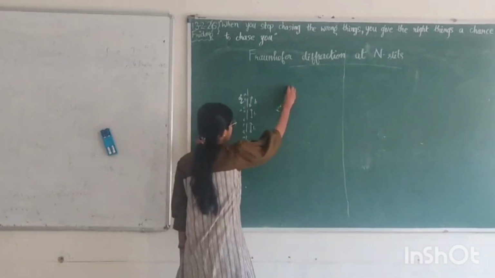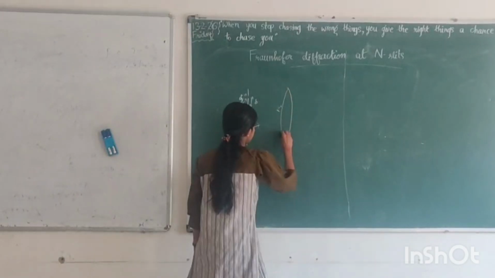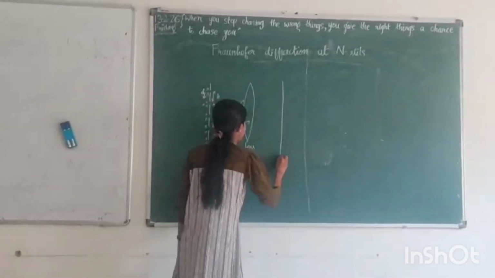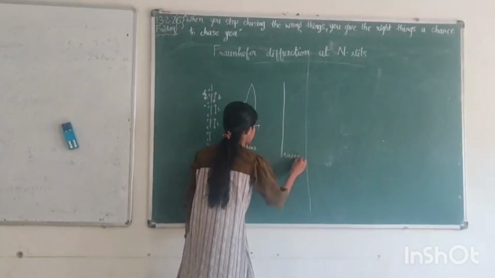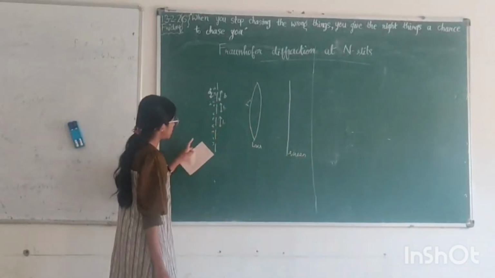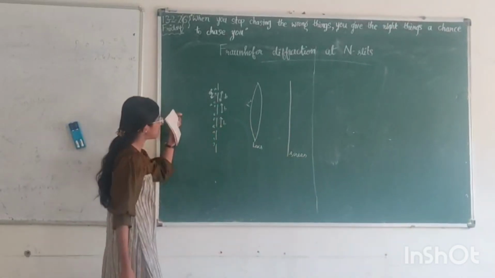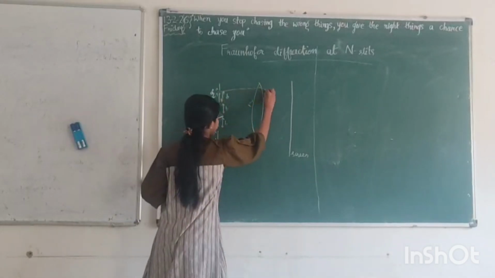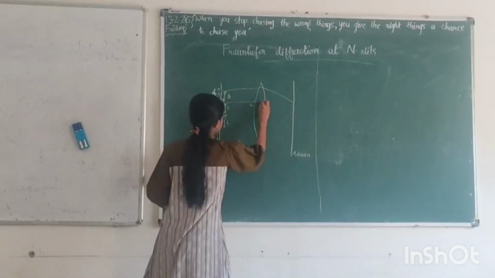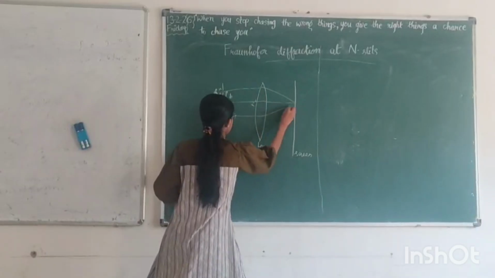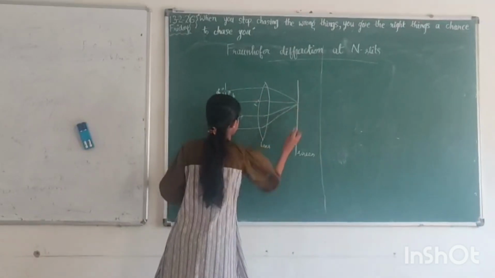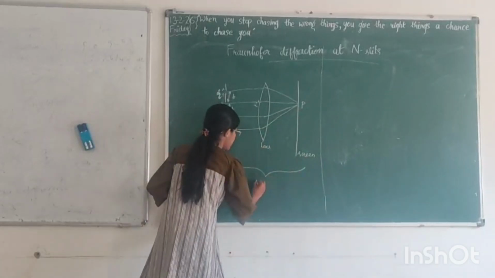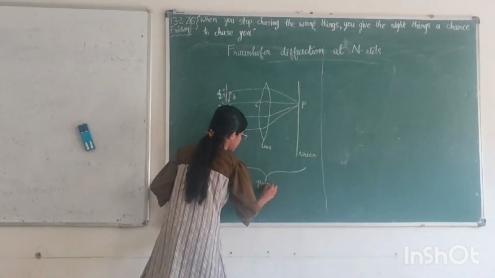Now, this is the lens and this is the screen. Rays of light will be coming through this and converging at a point, say P. Such an arrangement is called a grating.